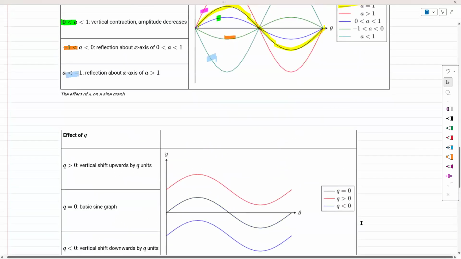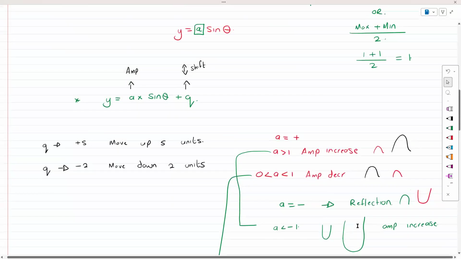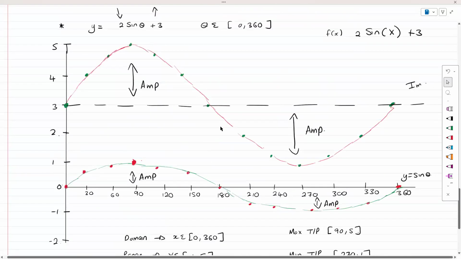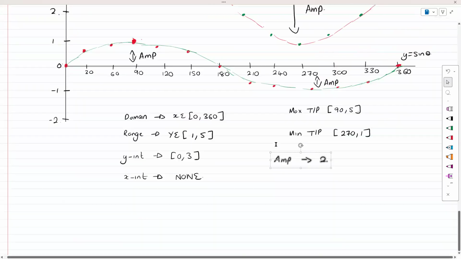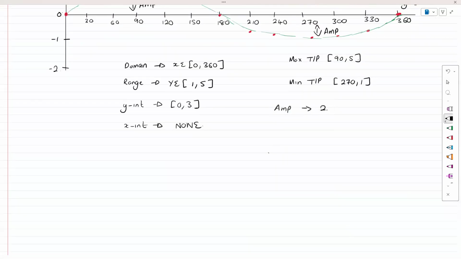We are gonna have a tiny bit of a problem with certain formulas, so I need to teach you guys something with the amplitude because the max plus min part, right? The graph also shifted. If we look at the shift, it is 3 units up.